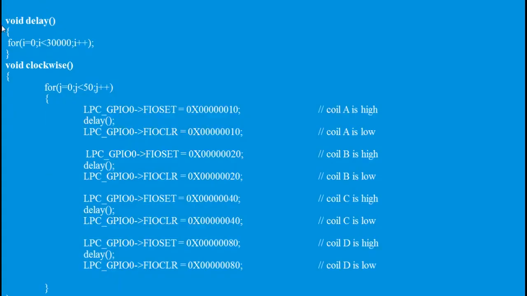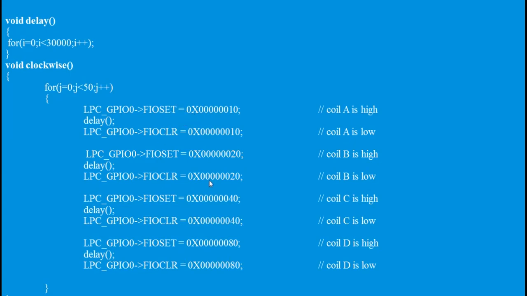So this is a delay routine. Now the void clockwise is a function, and this function has 4 repeated sequences. It means you have to energize coil A, then de-energize coil A, then energize coil B, then de-energize coil B. There are 4 sequences, meaning 4 consecutive coils will be energized.